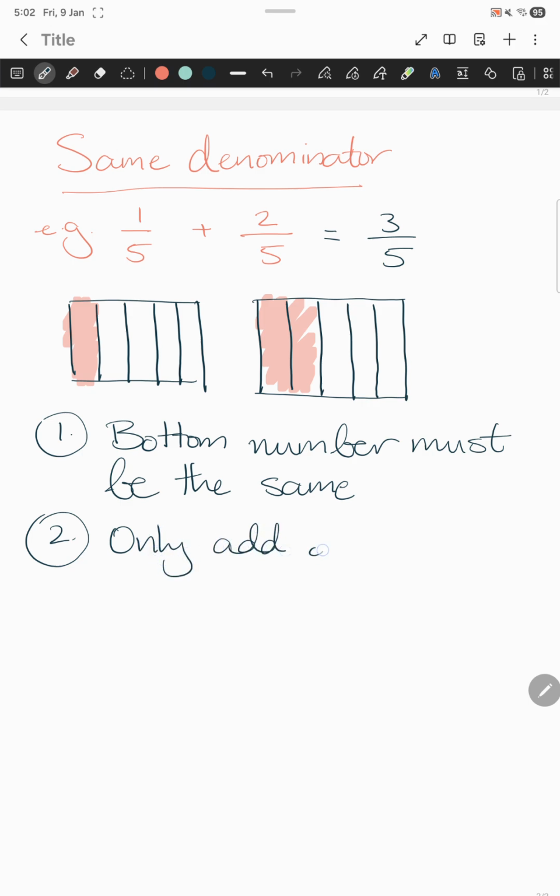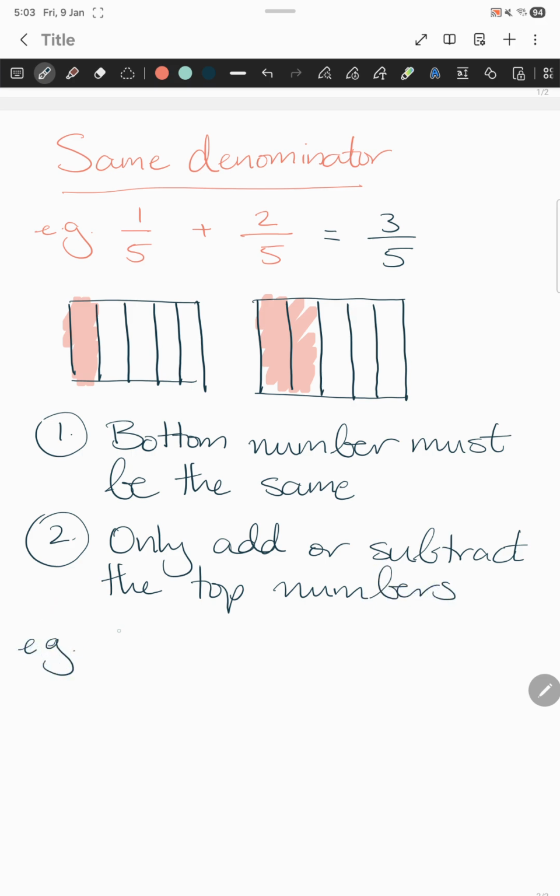Only add or subtract the top numbers. So we'll just do two more quick examples, such as 1/8 plus 5/8.